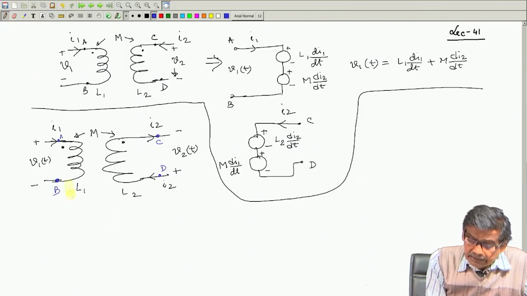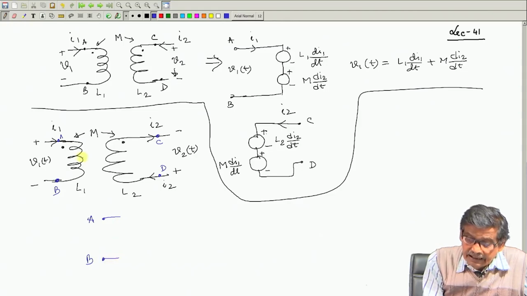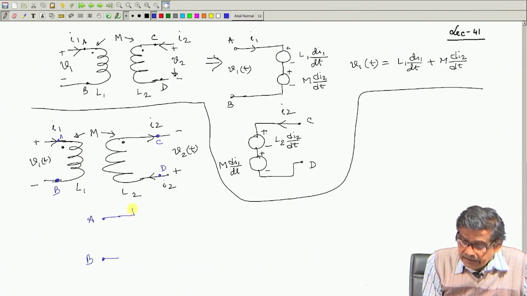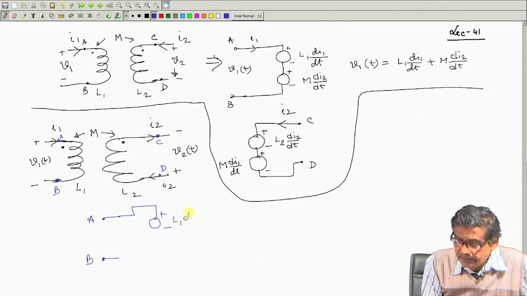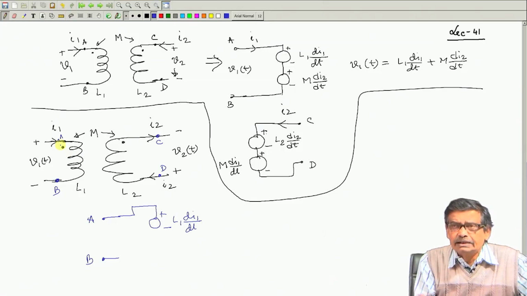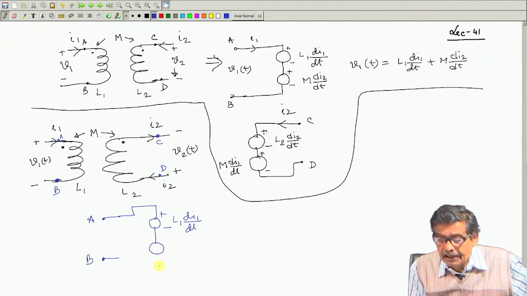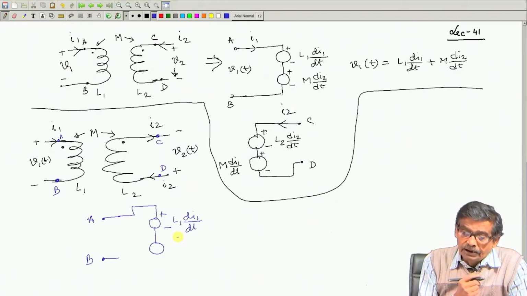Now across AB, first let me write down: there is self inductance L1, and this will of course be plus or minus L1 di1/dt. For self inductance, whichever terminal the current is entering will be plus. It has nothing to do with the dot. There will be another voltage here, which will be M di2/dt.